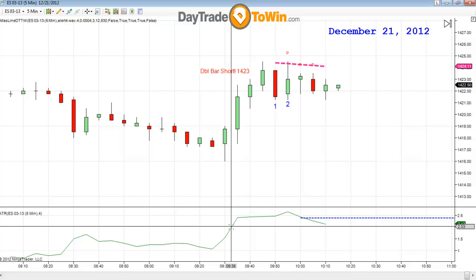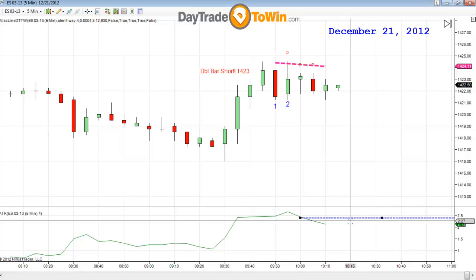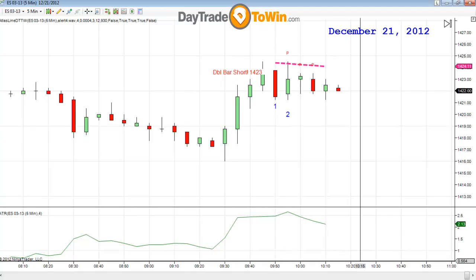So let's kind of look at how you manage a trade properly, okay? So the first thing that I want to do is I want to say to myself, if I go short at 1423, which is the closing price of the second candle, where's my stop, right? Where's my profit target?